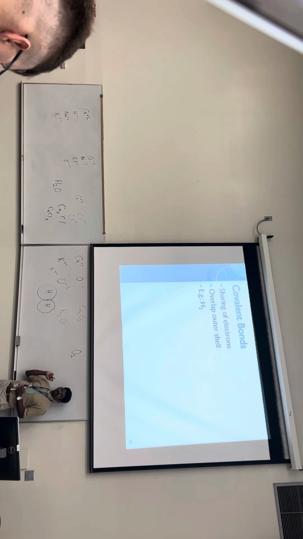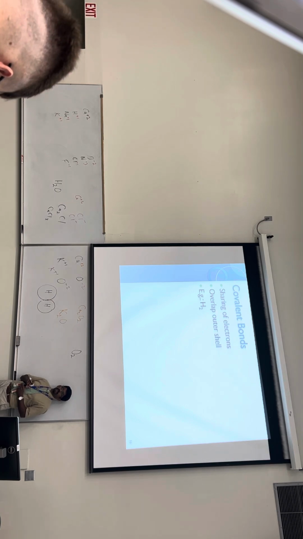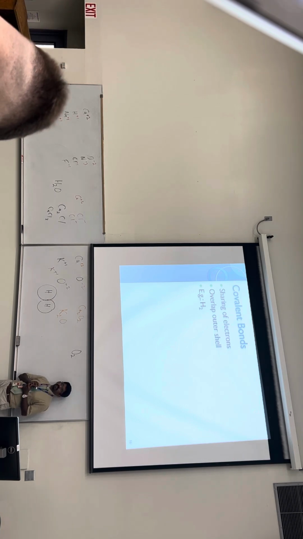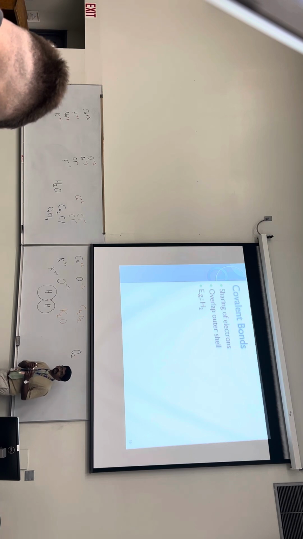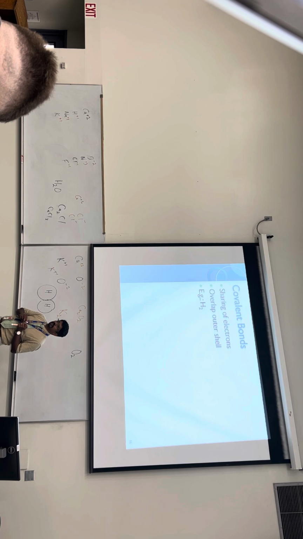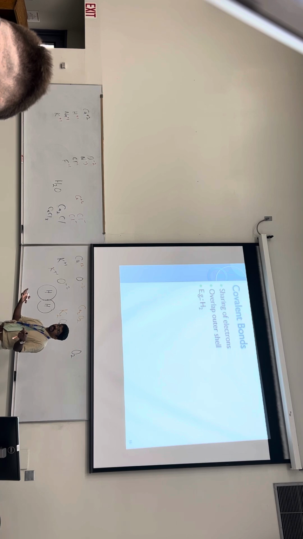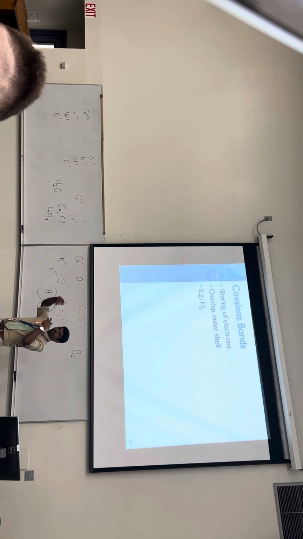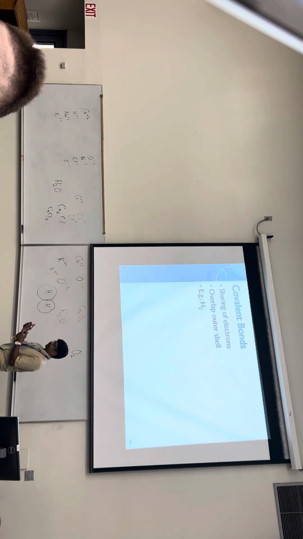How does it come out to be there? You have both oxygens, which are going to share 2 electrons with each other, so they're both happy. Each oxygen has how many electrons in the outermost shell? 6. So it wants how many electrons? 2 more, right? To get to 8. So they're going to share 2 each.